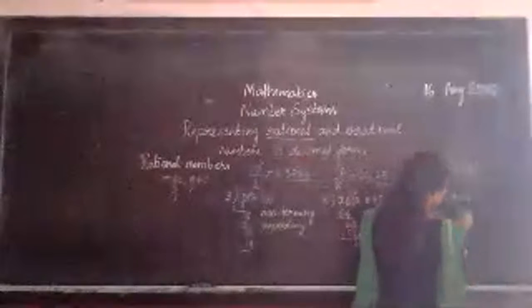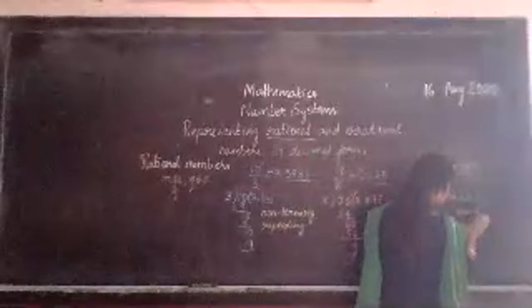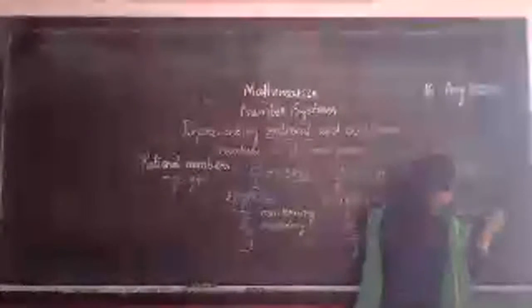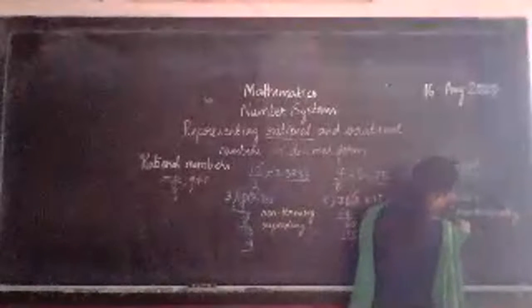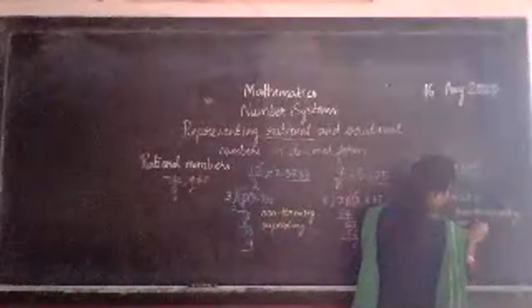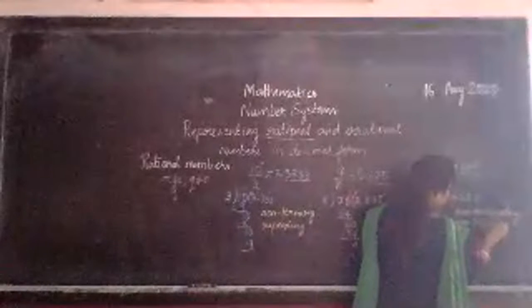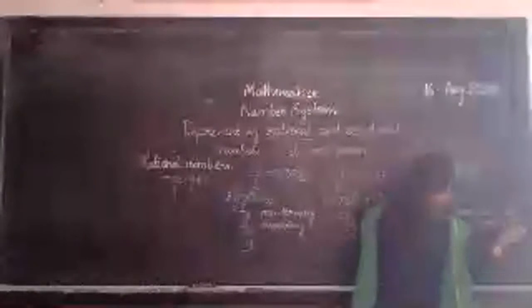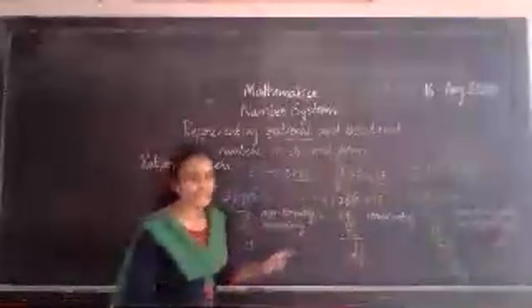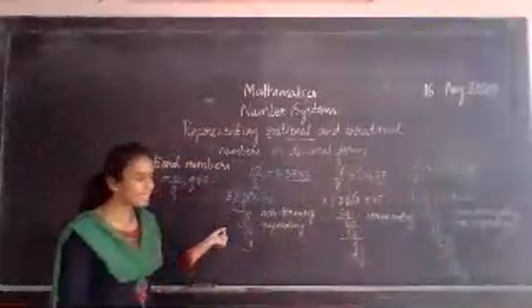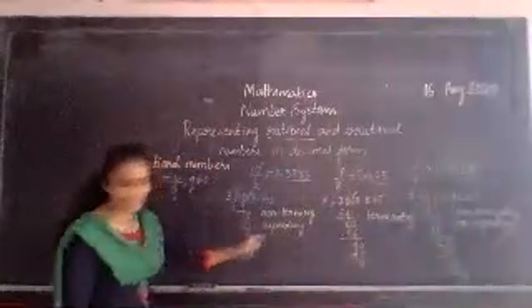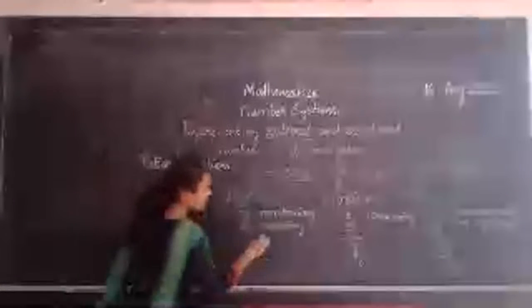But here it is non-terminating and non-repeating. So, in this example, this is non-terminating but repeating. So it can be called recurring also.